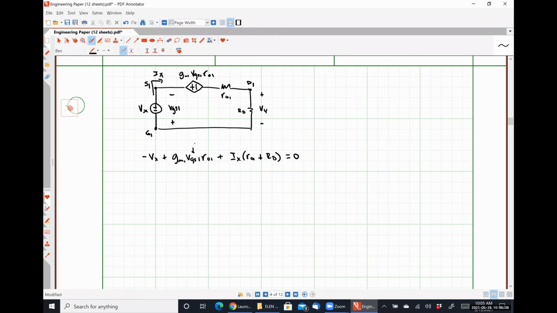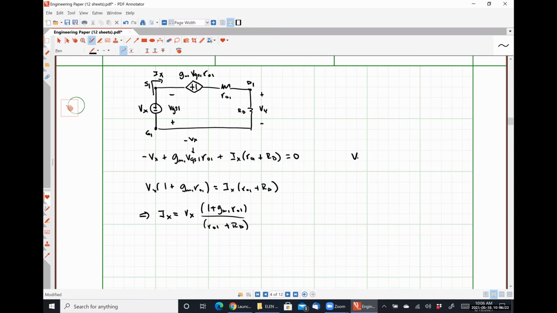If I substitute in the fact that VGS1 is negative Vx, what this looks like is Vx times 1 plus gm1 r01 is equal to Ix times r01 plus RD, which means that our current Ix is Vx times 1 plus gm1 r01 over r01 plus RD.